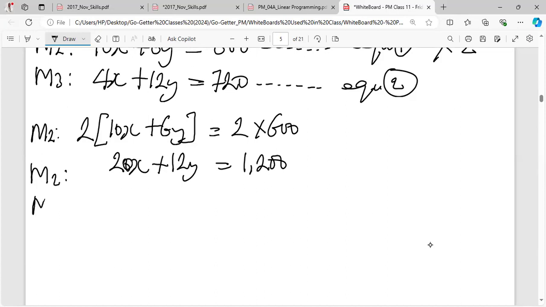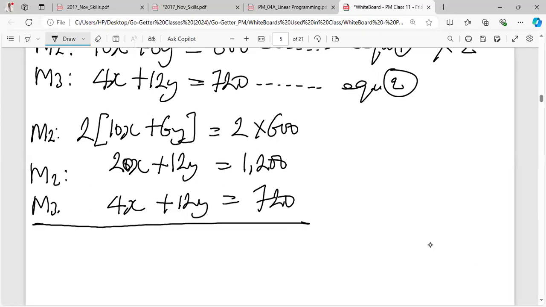We'll bring our M3 the way it is: 4x plus 12y, 720. Now, how do you make this 0? All you need to do is just to minus the down one from the up one.